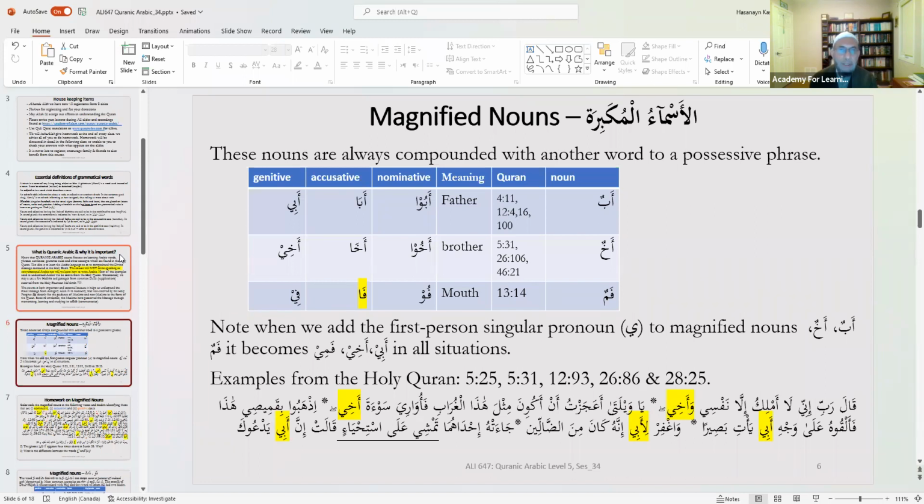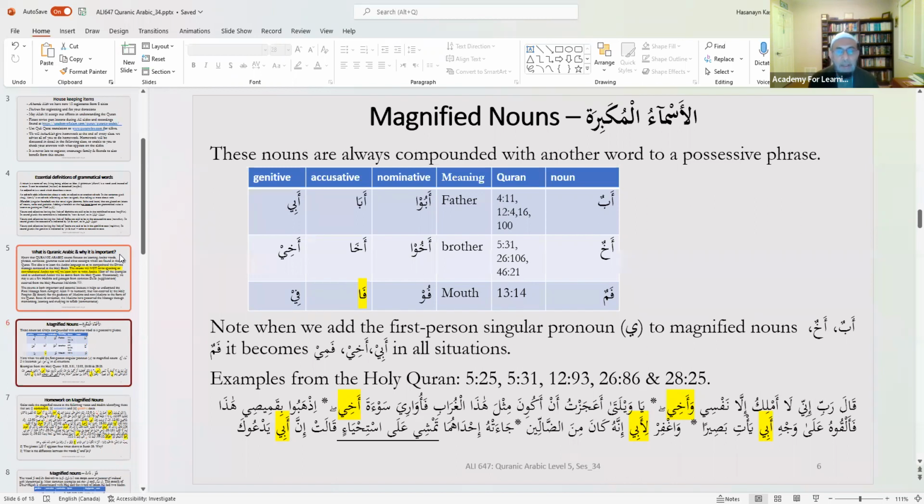Kataba is wrote. Abi is my father. So kataba abi, wrote my father. Here my father would not be genitive, although it's abi. Kataba abi means wrote my father. Here my father is a subject. The subject is always what? Nominative, right? We have done. Subject is always nominative. Object is the one accusative.